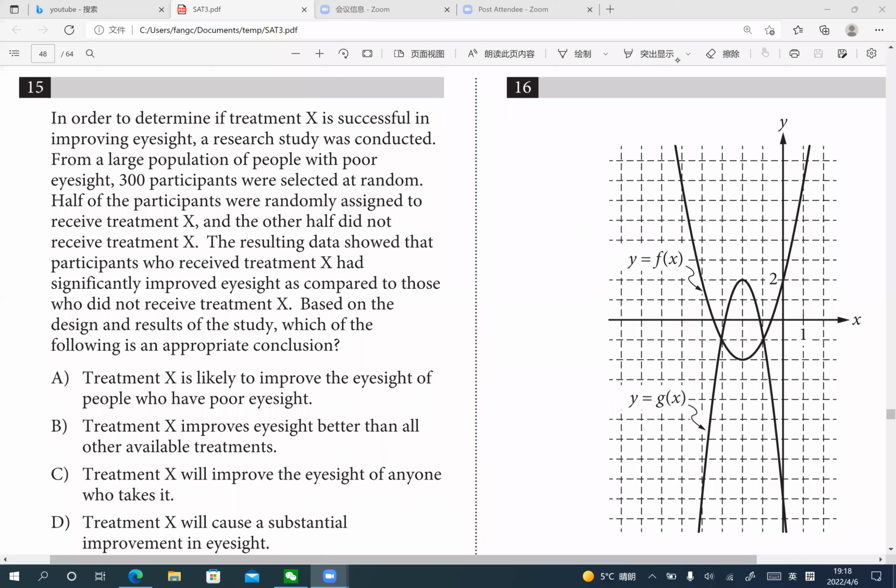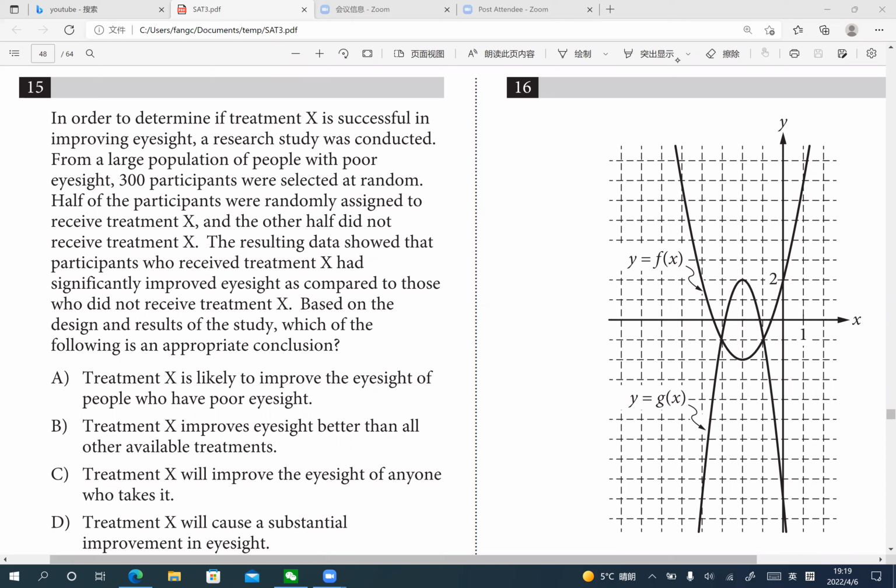Question 15. In order to determine if treatment X is successful in improving eyesight, a research study was conducted. From a large population of people with poor eyesight, 300 participants were selected at random.